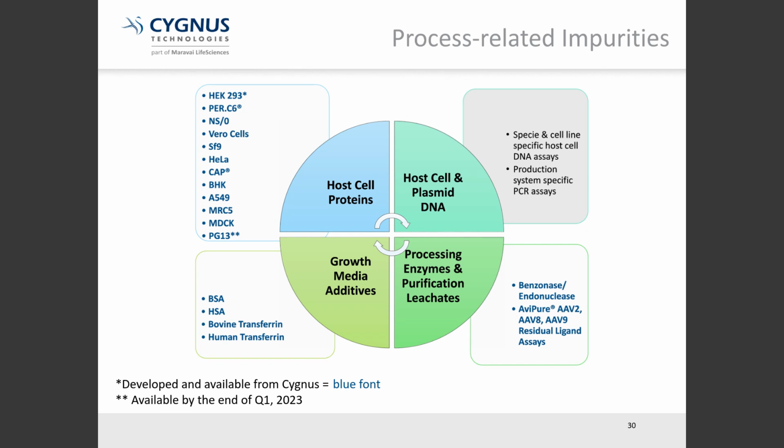And then finally, affinity ligands. Now there's more and more companies releasing affinity purification style for AAV, and those ligands tend to leach off the column. So if you're using those types of ligands and columns, you have to demonstrate that you're removing any leached ligand from your process as well.